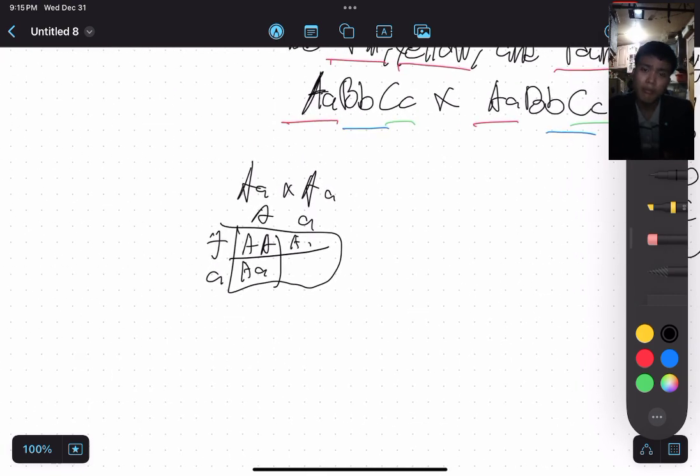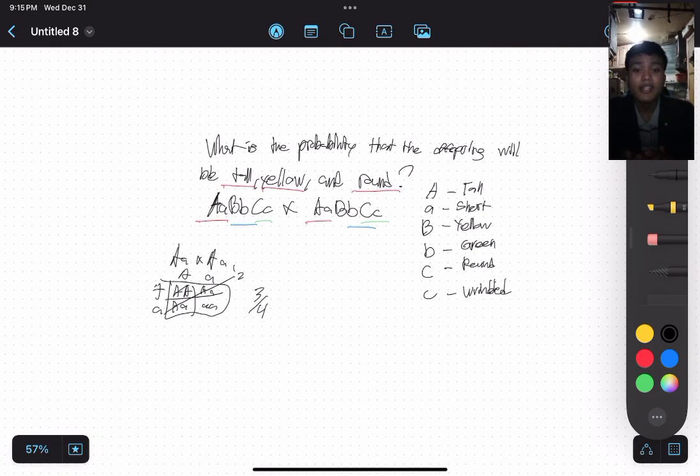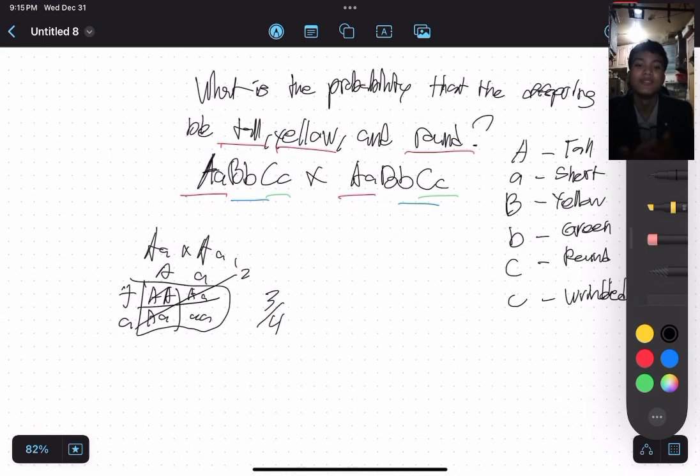One homodominant, two heterozygous, and one homorecessive for the A. In this case, we're looking for the trait yellow, so we're just going to count the alleles that are yellow, which is 3 out of 4.